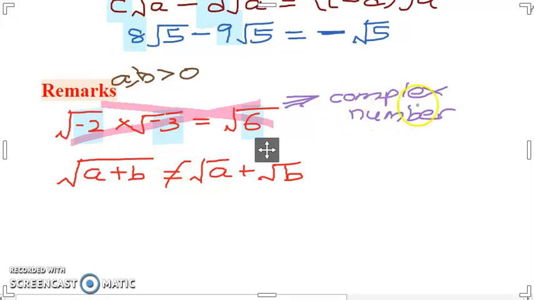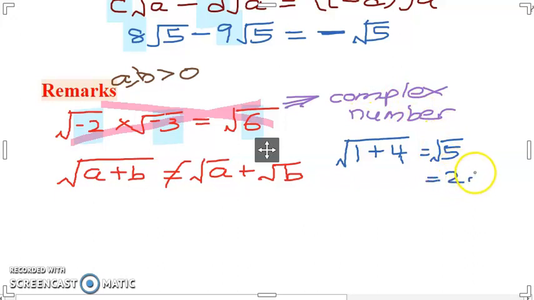One simple example you can see is, for example, let's say I have the square root of 1 plus 4. The square root of 1 plus 4 is the square root of 5, and if you evaluate using the calculator, the answer is about 2.236 up to 3 decimal places.